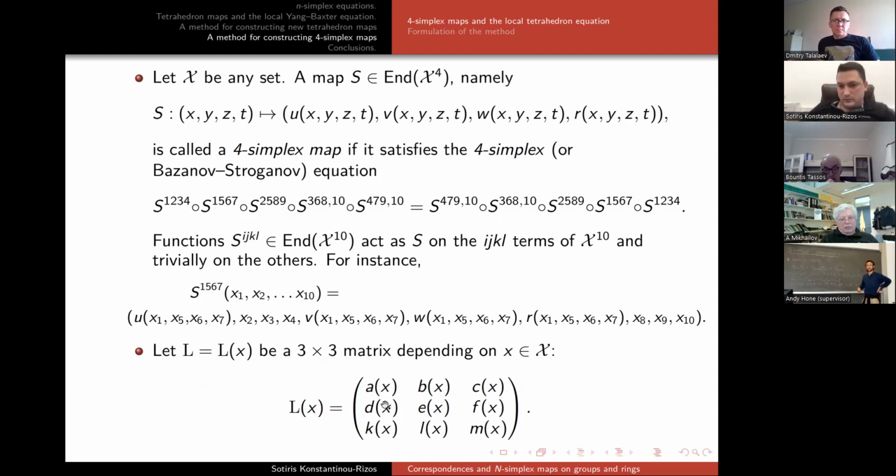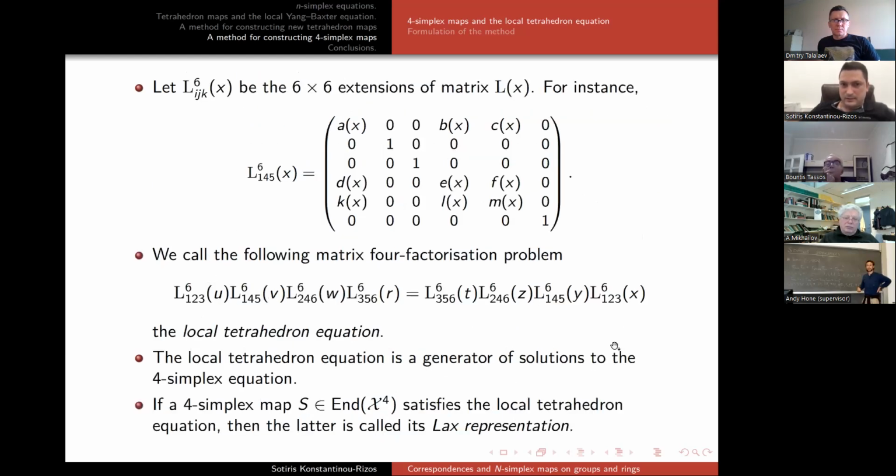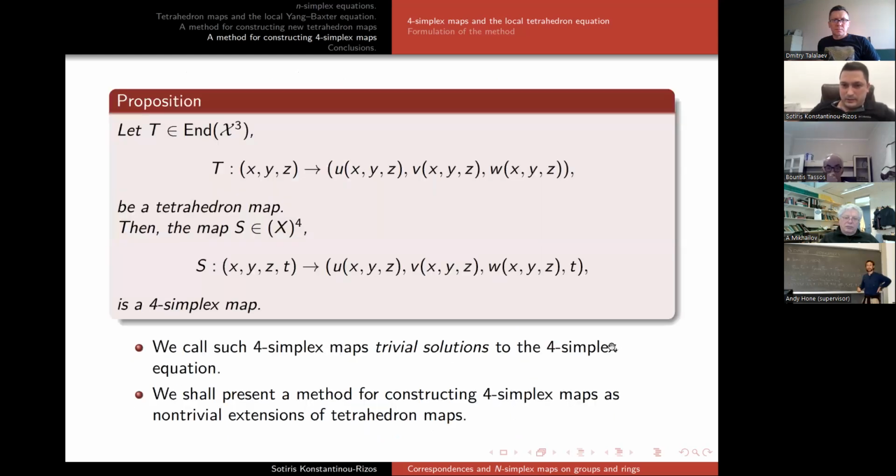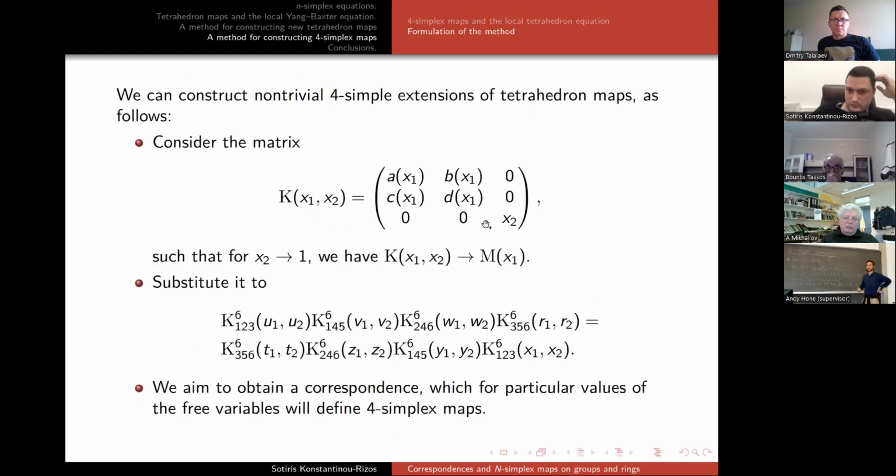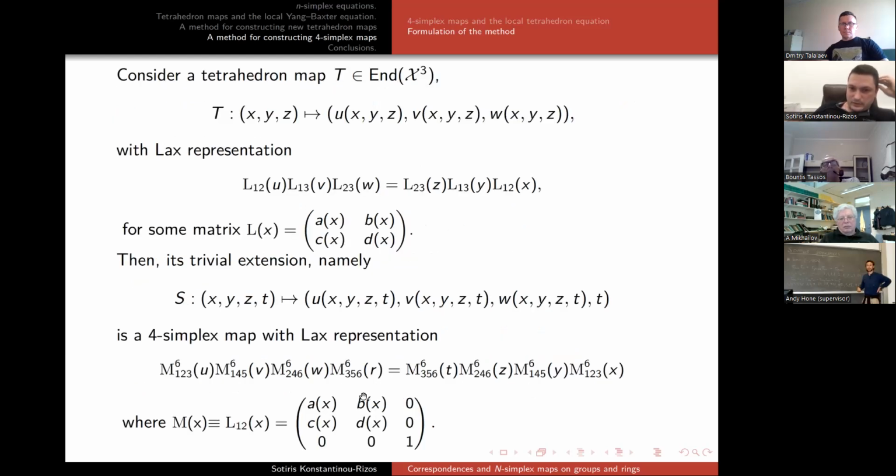One classification that we're doing at the moment is we replace all these elements by variables. An interesting fact is that I was obtaining non-trivial 4-simplex extensions by this matrix. It turns out that if you replace any of these 4 zeros by a non-zero element, then the local tetrahedron equation has no solutions at all.